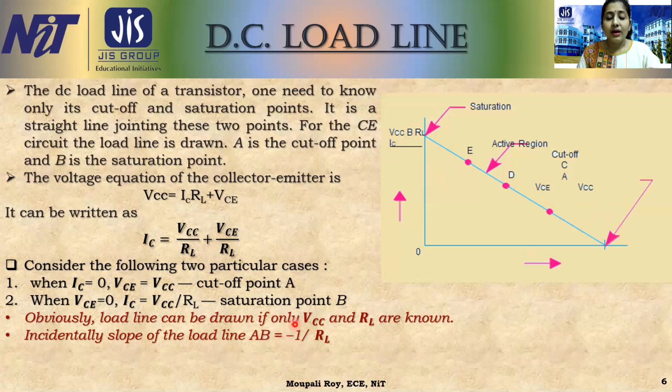Indicating the slope of the load line AB, this A and B load line slope is equal to minus 1 by RL.